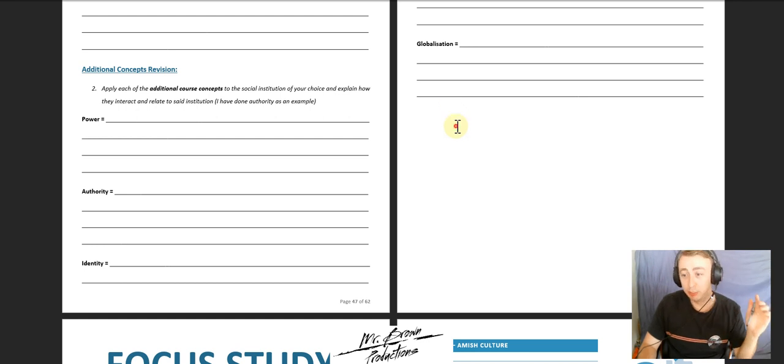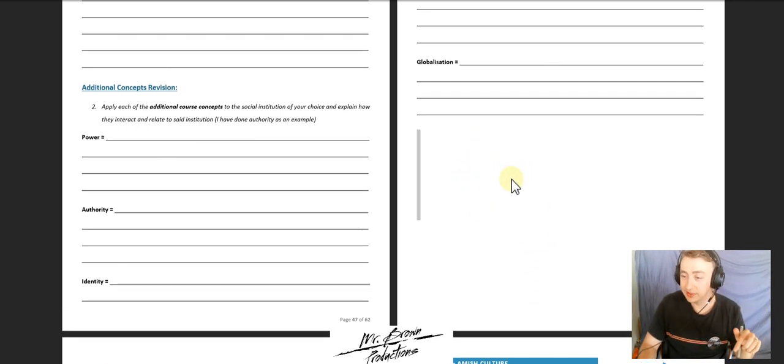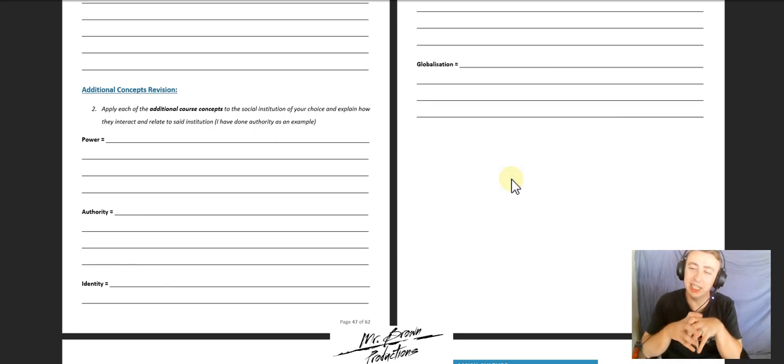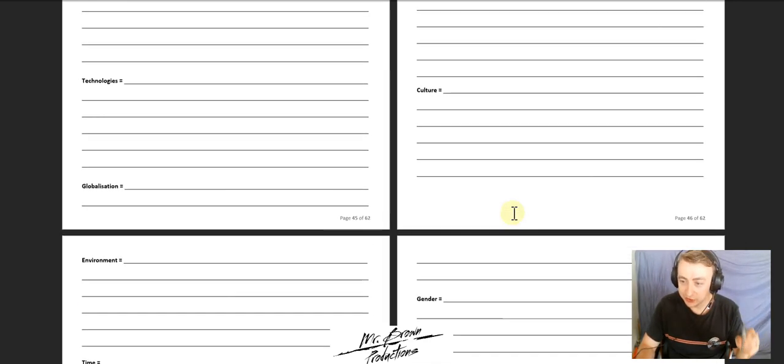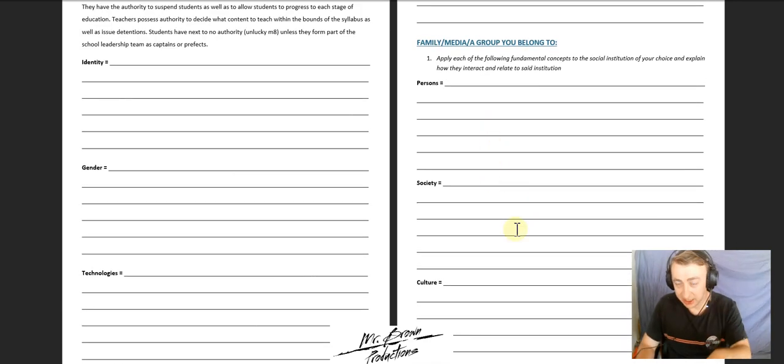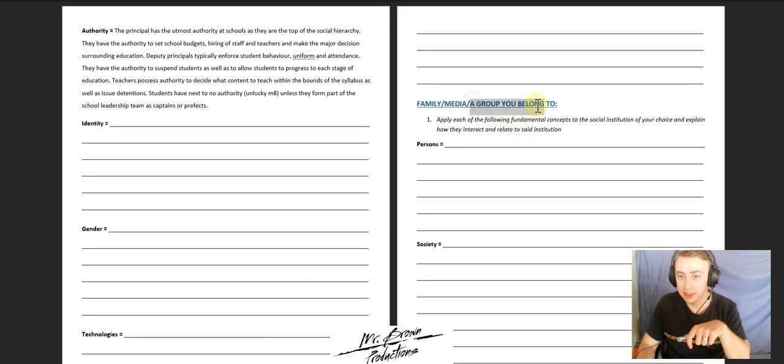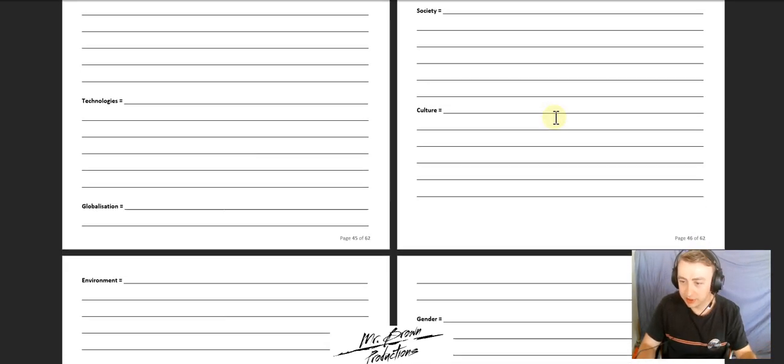Please do that. Bonus points if you have room at the end on this blank space. I would love you to draw an image that is inclusive of as many course concepts as you can. So let's say you talk about a sporting club that you're part of.